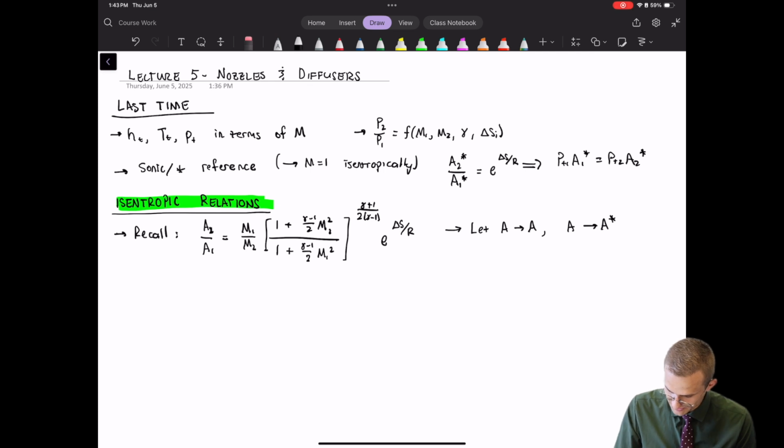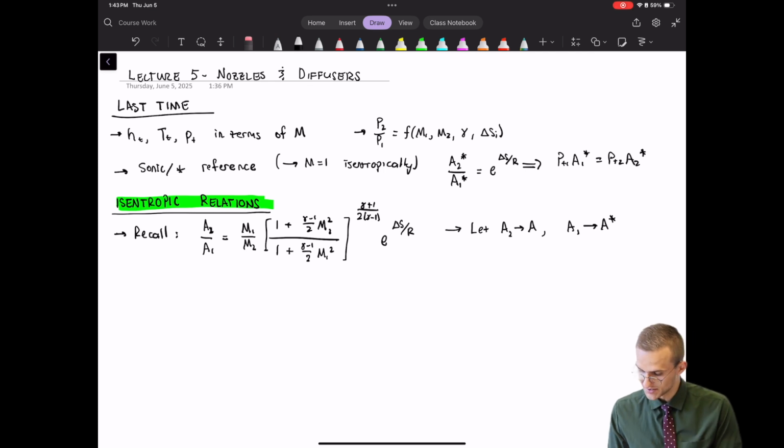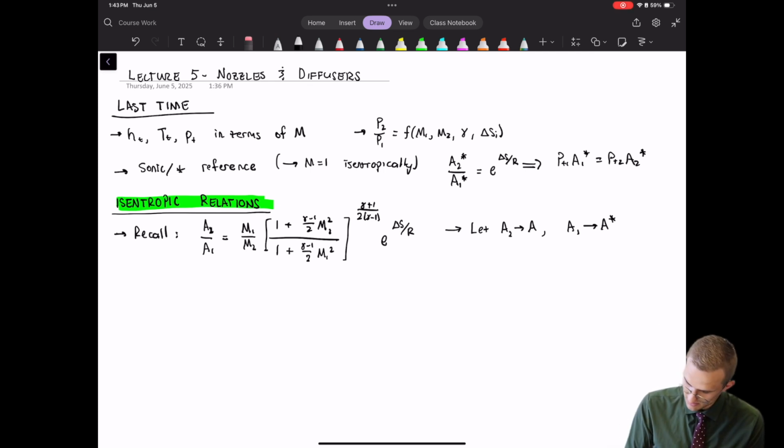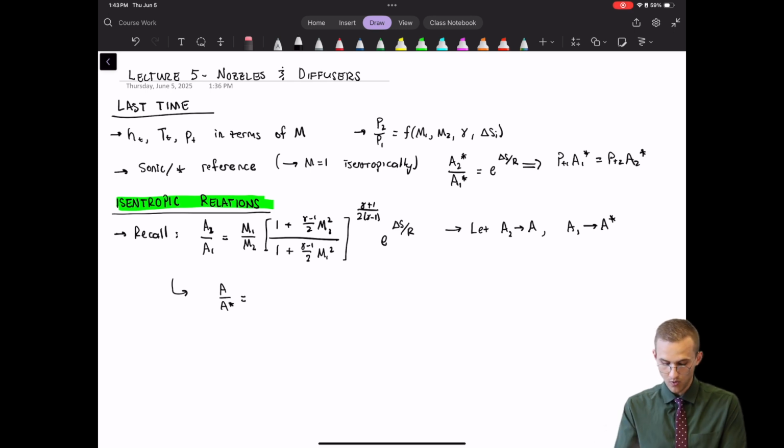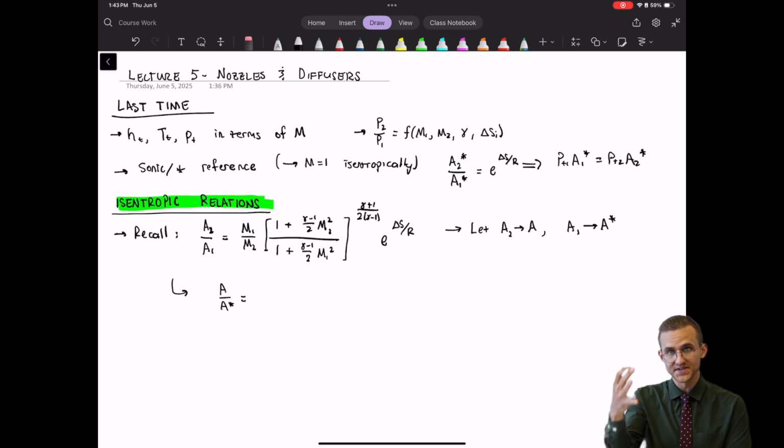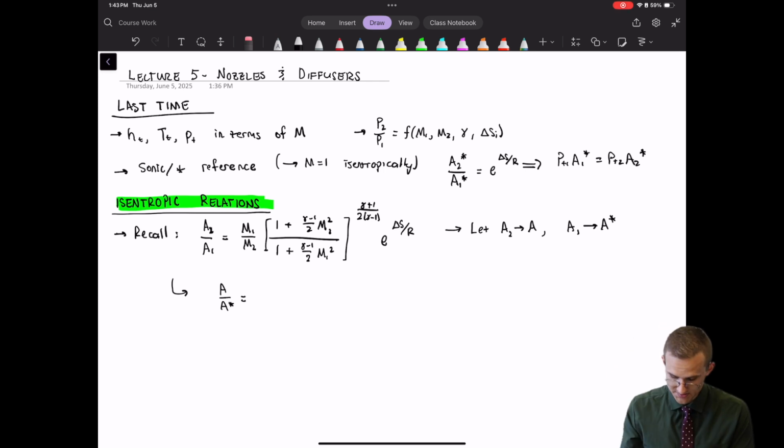We're going to let A2 be A and A1 be A star, so that we obtain this relationship, which is A over A star, and then we set it equal to what? Well, we'll drop the subscript on all the M2s, and then like I said, for the star reference state, M is equal to 1, right? So all the M1s just go to 1, and you obtain this relationship where you have 1 over M times the quantity 1 plus gamma minus 1 over 2 M squared divided by gamma plus 1 quantity divided by 2.